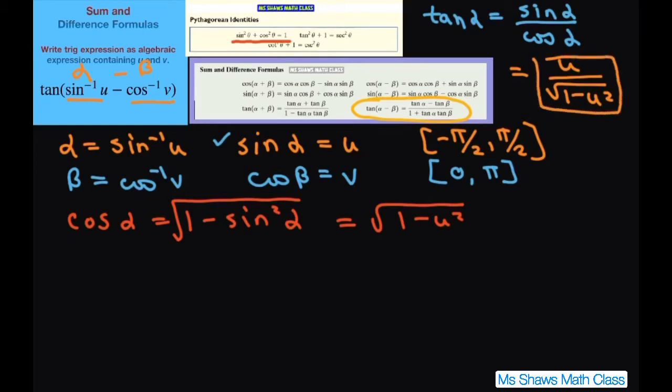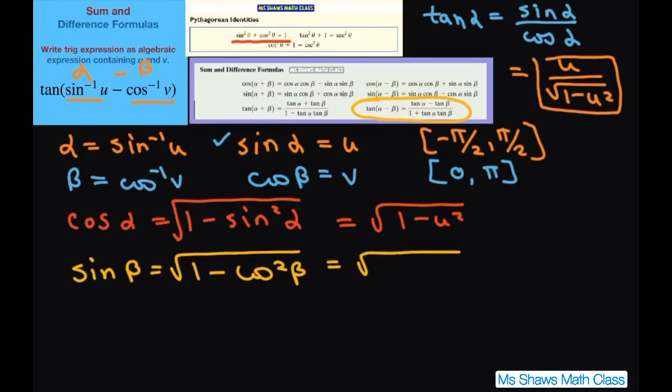Now we have to find our tan of beta. We already have cosine of beta, so we need sine of beta. It's the same thing: the square root of 1 minus cosine squared of beta, which equals the square root of 1 minus v squared.